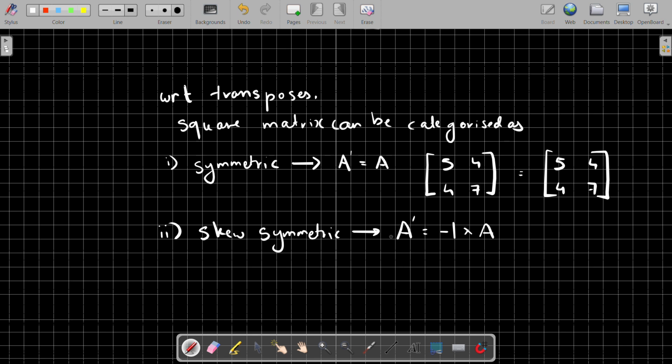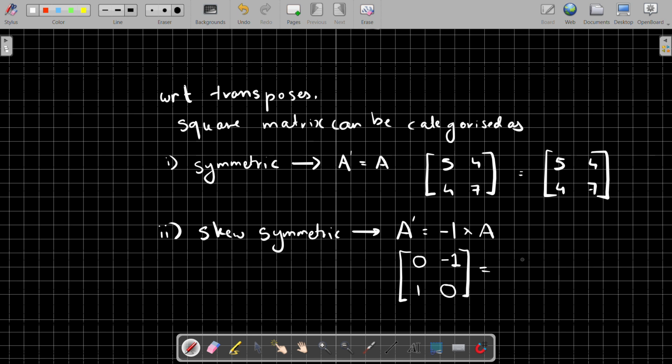Because of this property, the diagonal terms of a skew symmetric matrix will be absolutely 0. Otherwise this condition cannot be satisfied. So for a simple example, we take 0, 0 on the diagonal, and -1, 1 off the diagonal. So this is a skew symmetric matrix.